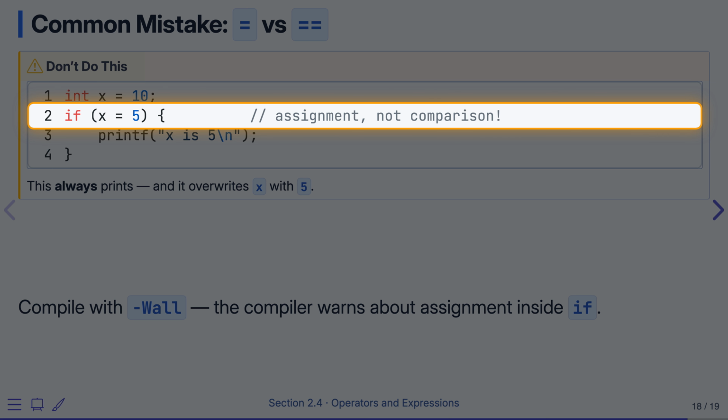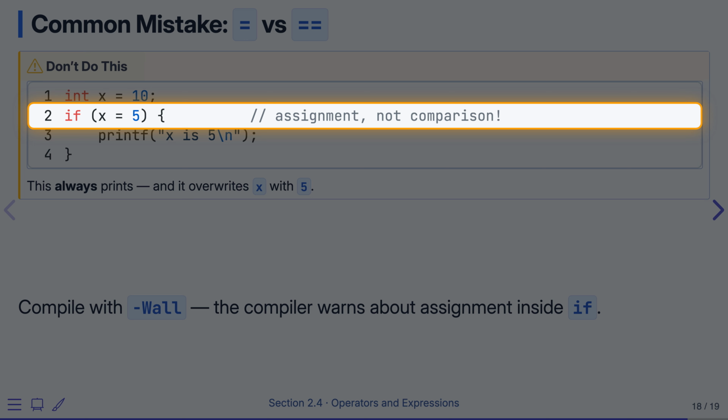Here is one of the most common bugs in all of C. A single equal sign is assignment. A double equal sign is comparison. Look at the buggy code. Inside the if, we wrote x = 5 with one equals sign. That is an assignment. It stores 5 into x and it returns the value 5. Because 5 is non-zero, C treats it as true, so the if body always runs.